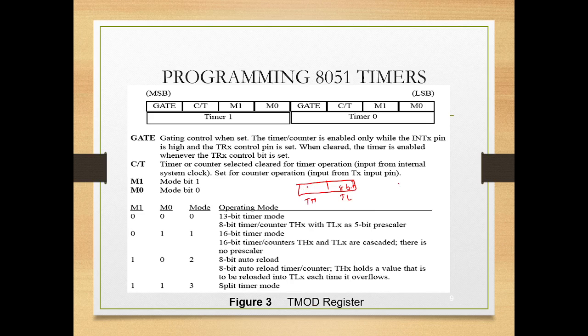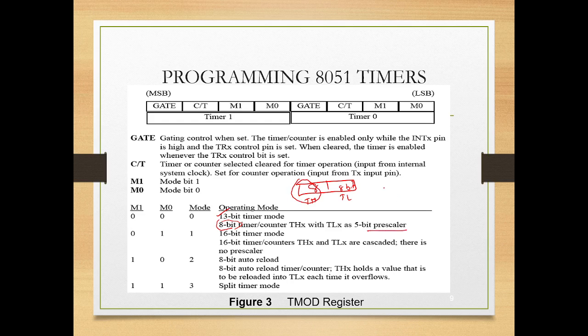Now we can observe that in mode 0, this is taken as a 13-bit register, or otherwise you can mention it as an 8-bit counter in TH, and 5 bits are taken as prescaler here.